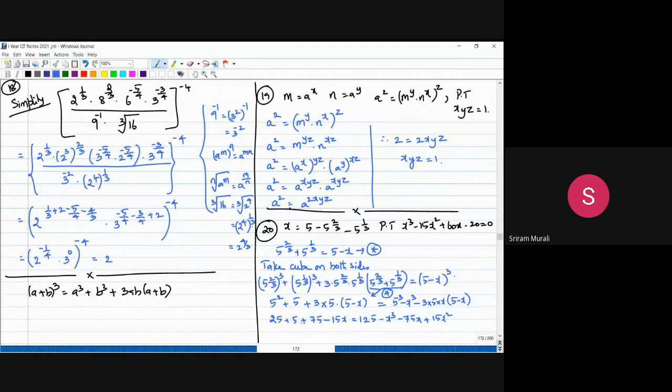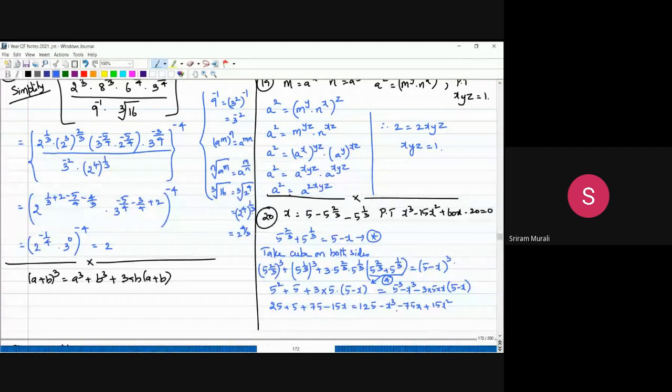So 125 gets cancelled. I'm sorry, not 125. This is 100, 105, 125. You know how to segregate this equation. This is x cube, then what do you get? Minus 15x square. Then 60x plus, I'm sorry, minus 20 is equal to 0, because 125 minus 125 plus 25. I'm taking all these terms to the left hand side so that I get this. That is what we want to prove.